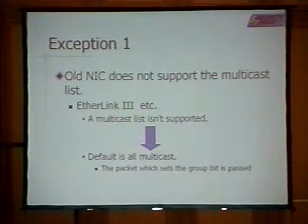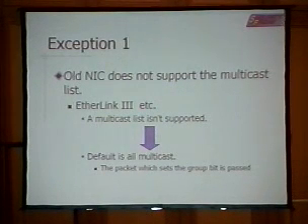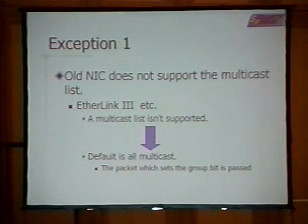Exception 1. Thus, the Promiscuous node of Windows and Linux can be detected by using the ARP packet. However, there are some exceptions. The first problem is old NIC. Some NIC does not support the multicast list. For example, it is Etherlink 3.